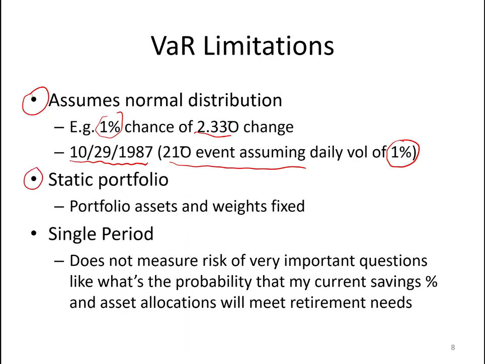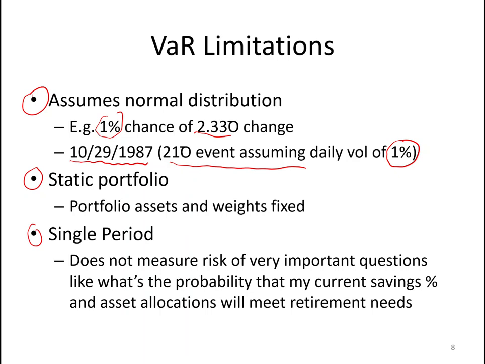The other problem with VaR is it's a static portfolio measure. The assets are fixed, the weights are fixed. Over a period of time, you might be changing your portfolio, especially if you're looking for a 1-year VaR. Also, it's a single period.